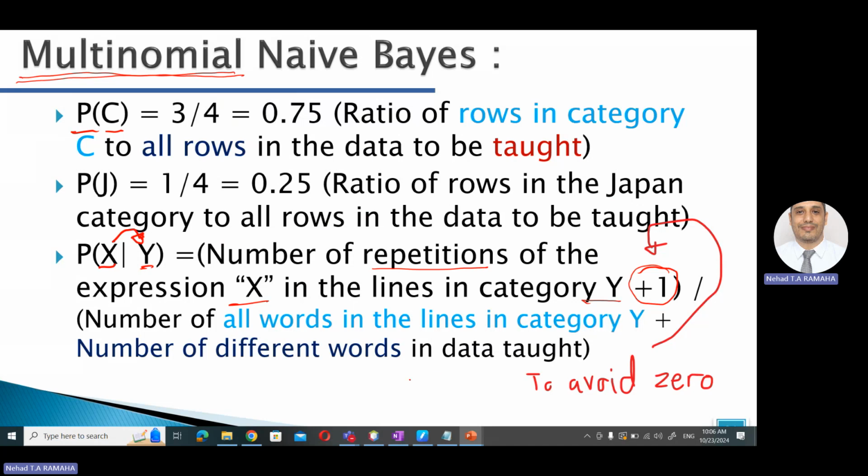Because at the end, we will multiply the probability of repetition of each word with each other for a specific category.